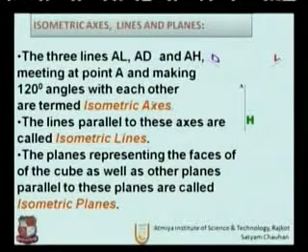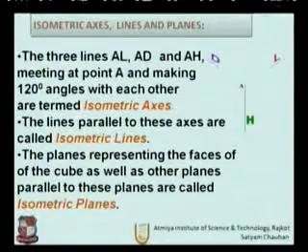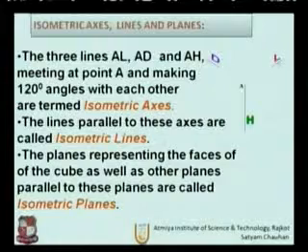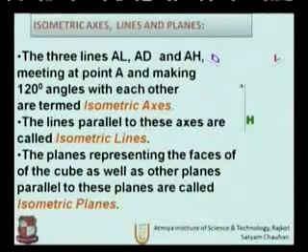The three lines, let's say AL, AD and AH, meet at point A and make 120 degrees with each other, and hence they are termed isometric axes. So AL, AD and AH are called isometric axes. The lines parallel to these axes are called isometric lines.